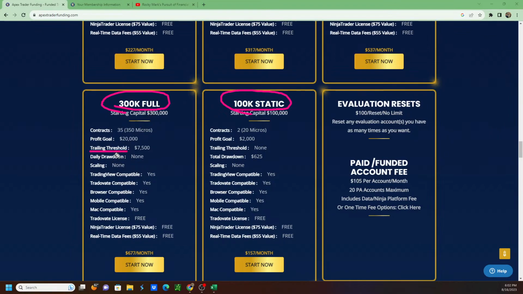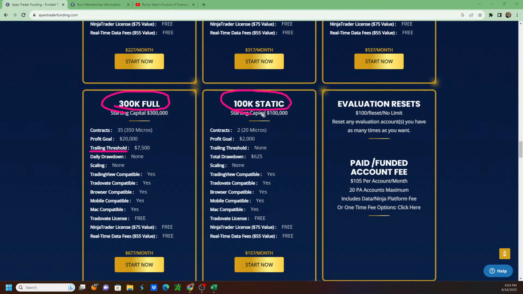So with the full account, you can see based on the value for this $300,000 account, the trailing threshold is 7,500. So what that means is it will always trail the highest your account has been. So it's not what realizes the highest point of the unrealized of that portfolio. It'll always trail it $7,500. And if you fall below that, you obviously fail the evaluation. So that's what the full account is.